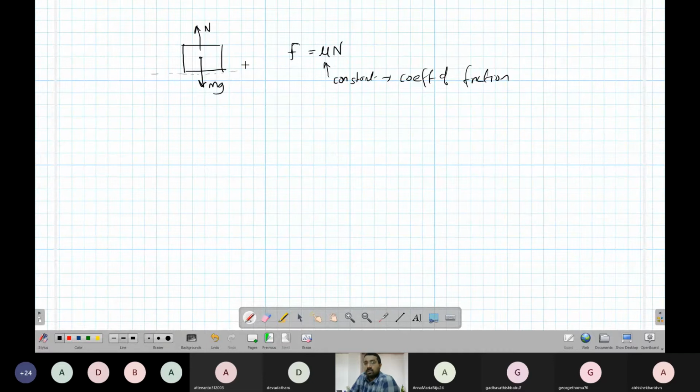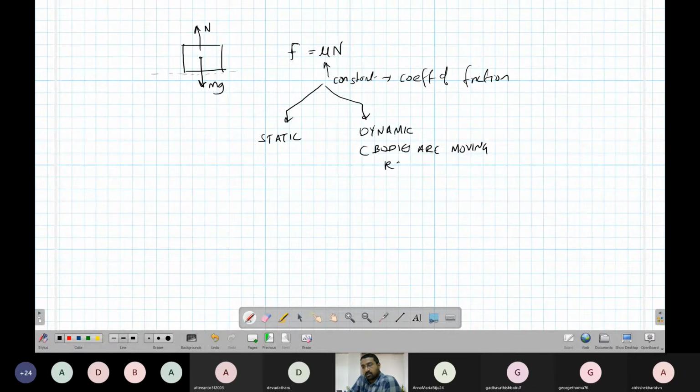Statically and dynamically, there are two coefficients. There is a static coefficient and there is a dynamic one. Dynamic is when the body is moving, or bodies are moving relative to each other.